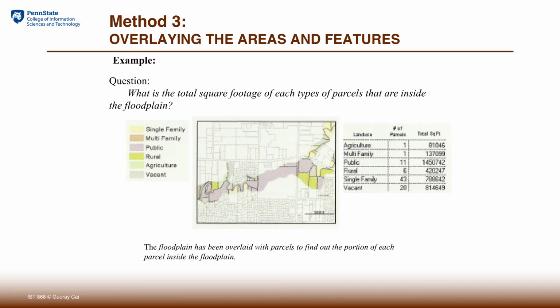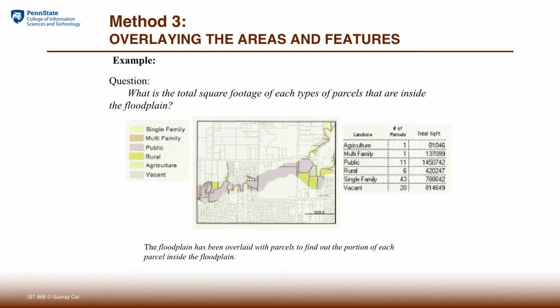So map overlay will generate this intermediate result. It will output a new map layer with all these polygons split into smaller ones. But it doesn't give you the result automatically. With this overlay result, you can look at the attribute table and calculate your report by doing a summary or manipulation of the attribute table of the overlay results. The floodplain and parcels are mutually intersecting.